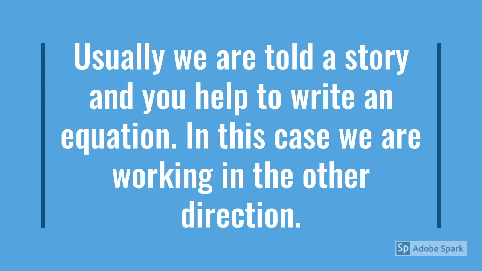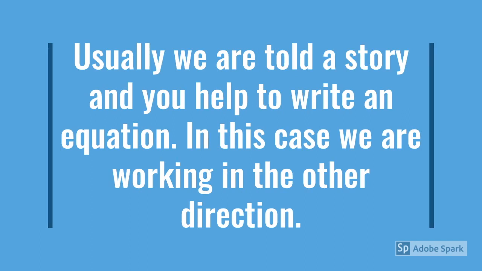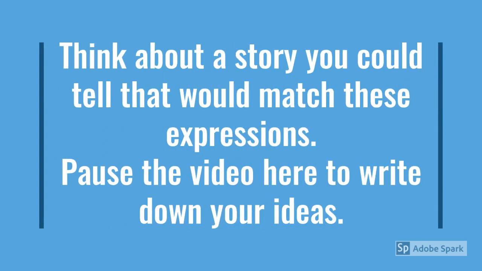Usually, we are told a story and you help to write an equation. In this case, we are working in the other direction. Think about a story you could tell that would match these expressions. Pause the video here to write down your ideas.